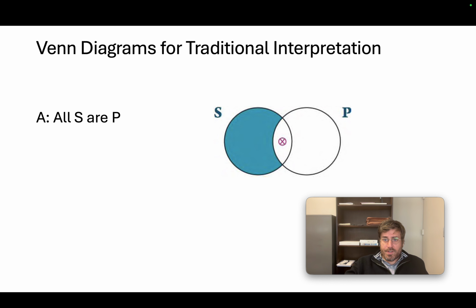However, the difference now is that we need an X with a circle around it to indicate the existence of at least one member of the subject group that is also a member of the predicate group. So the distinguishing feature of the traditional interpretation here is to indicate the existence of at least one member of the universal. And we do that by marking region 2 with a circled X.